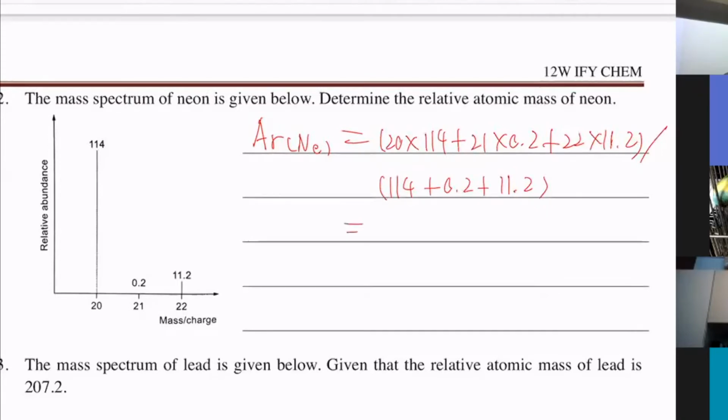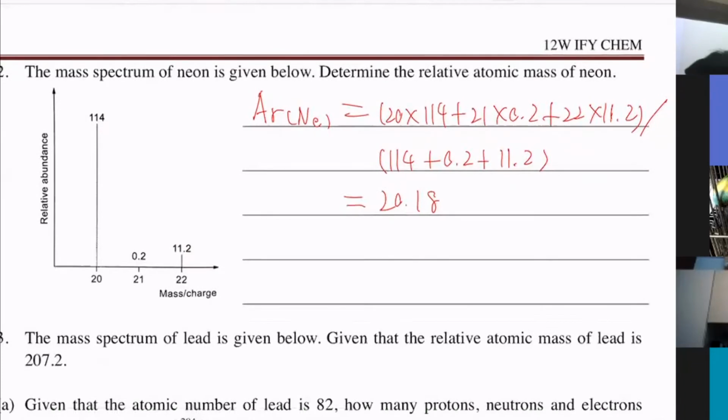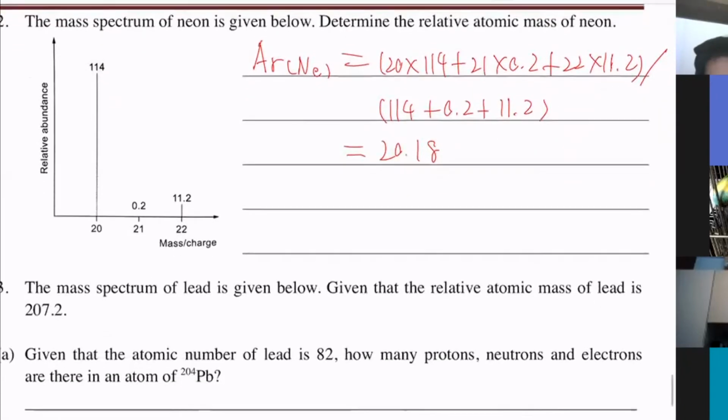So you will get the correct answer, 20.18. Remember, if the relative abundances do not add up to 100%, then you need to divide by the sum of all the relative abundances here. So the correct answer for this one is 20.18. That's for question 2.